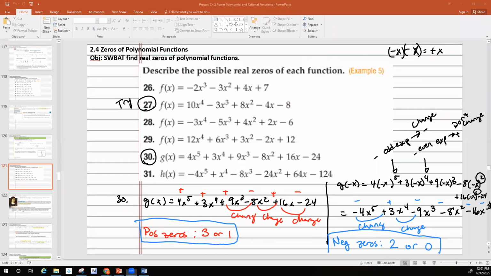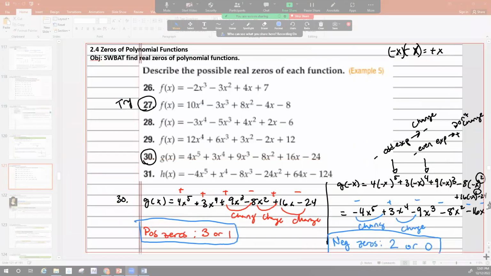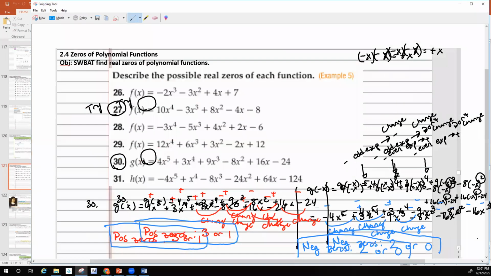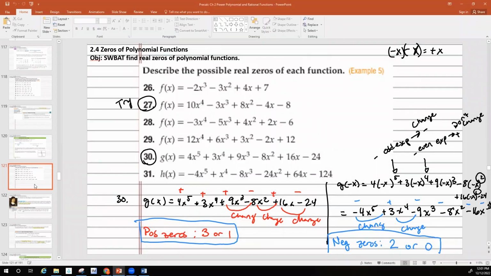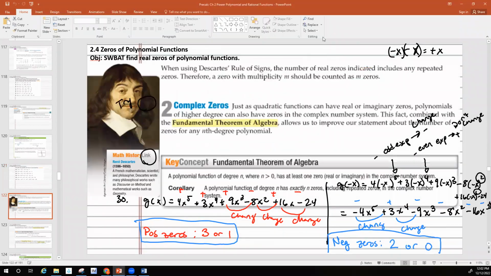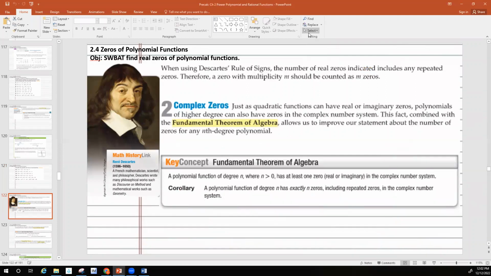We put this on the notes. And who do we have here? René Descartes. So this is René Descartes.